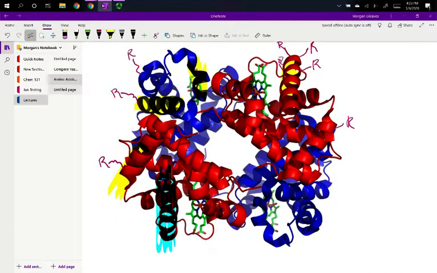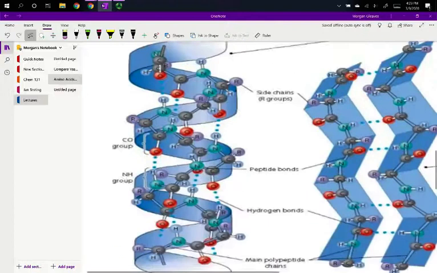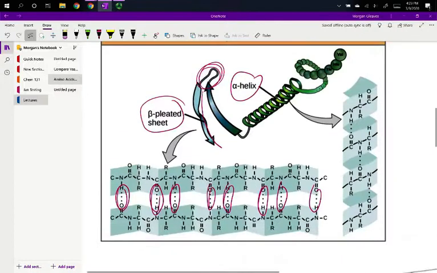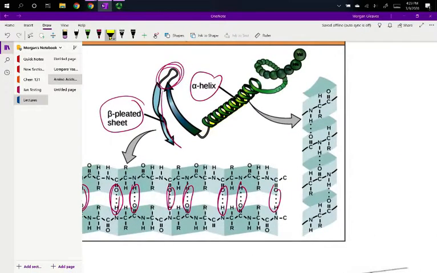When we talk about secondary, we are talking about the local area. So this alpha helix is a secondary structure, and this interaction of the two beta sheets is a secondary structure. There are two separate secondary structures here. That's fine.